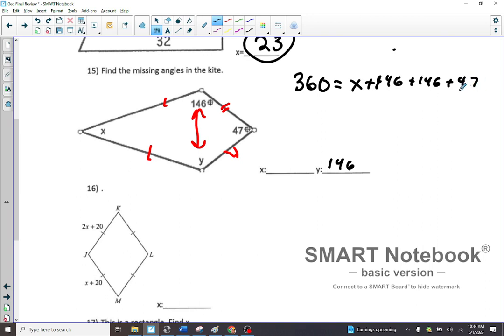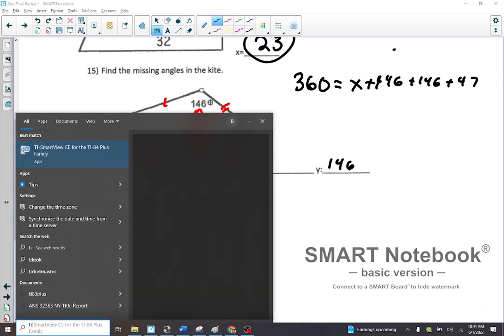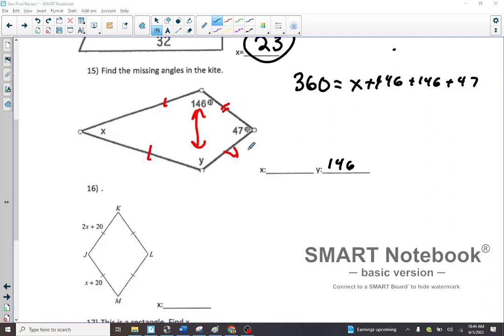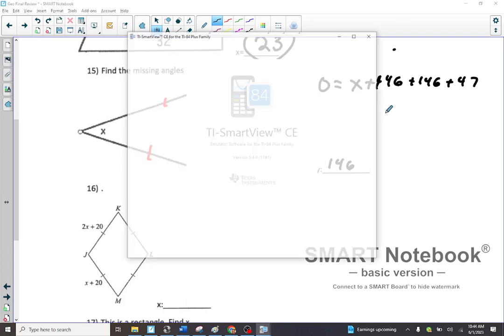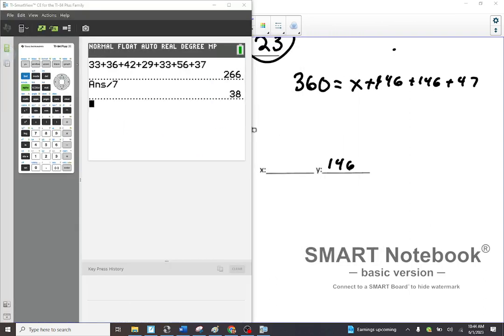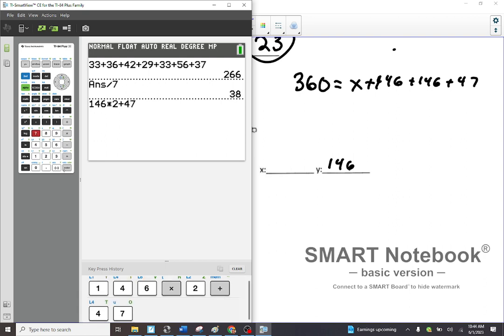47. Yeah, because the y is also 146. So it's going to be 146 times 2 when I finish them, plus 47.